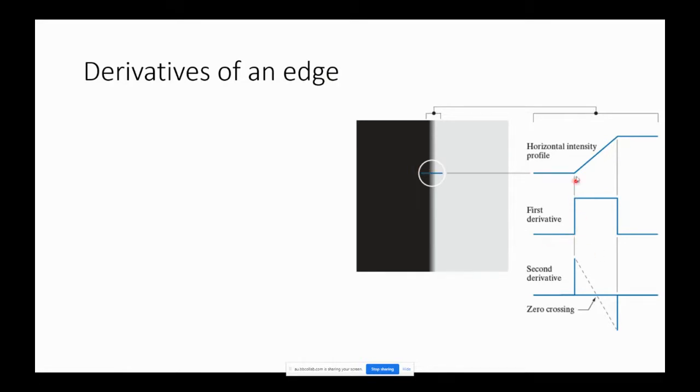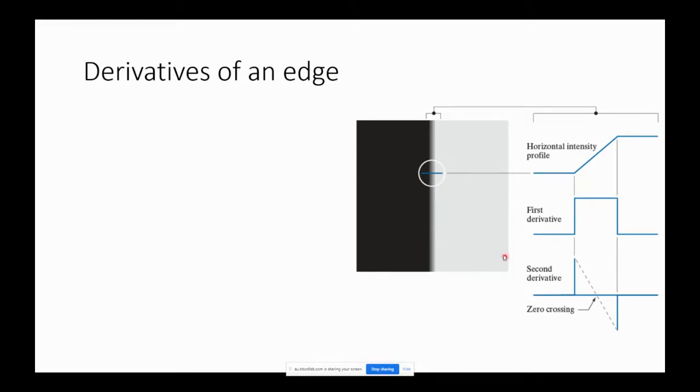Then we'll have a rapid change where the ramp starts, and another rapid change where the ramp finishes. With a very smooth ramp, the rate of change will be constant, so the first derivative will have a smooth shape here.